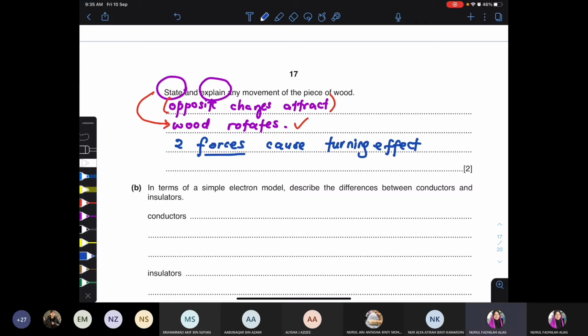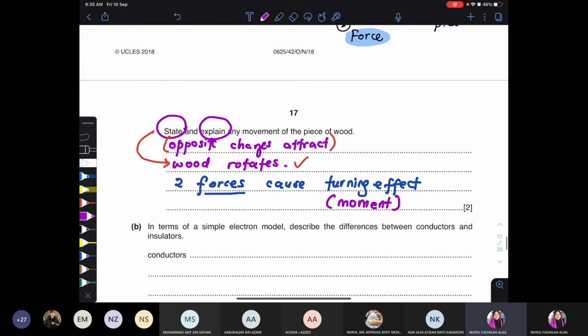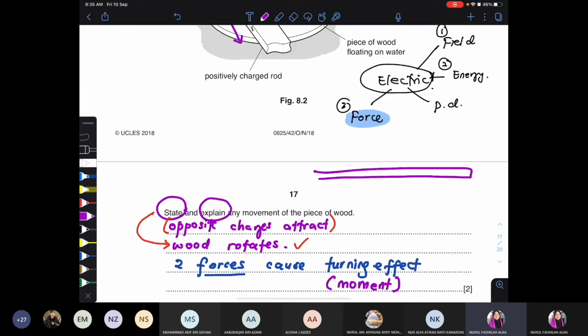Other words, we call this turning effect, sometimes we call it moments. Remember? So if we have an object, we have a lever like this, we have a fulcrum. Here is a load. In my class, I ask you to do the experiment, not to watch an experiment, and then I ask you to write a report.